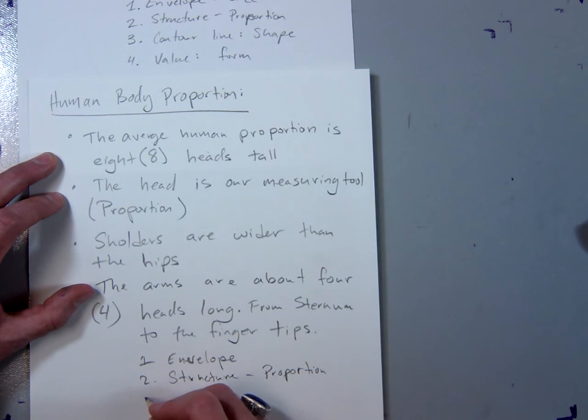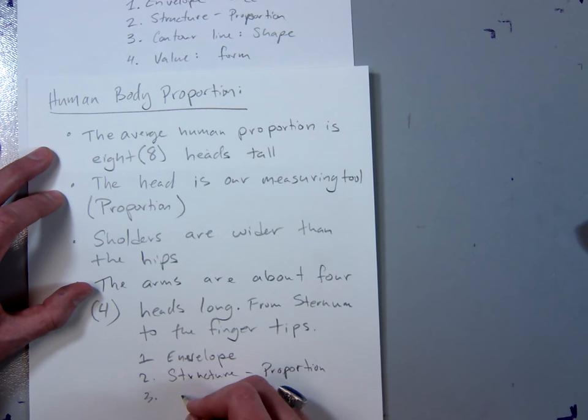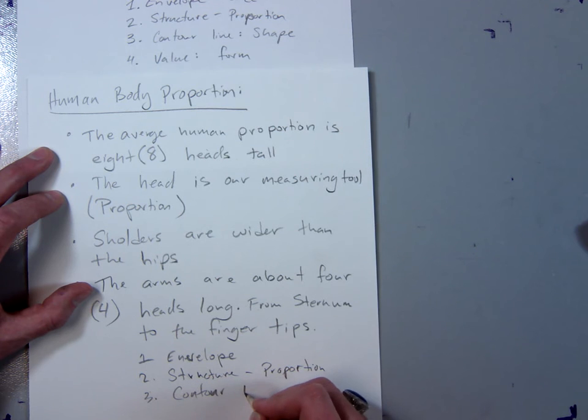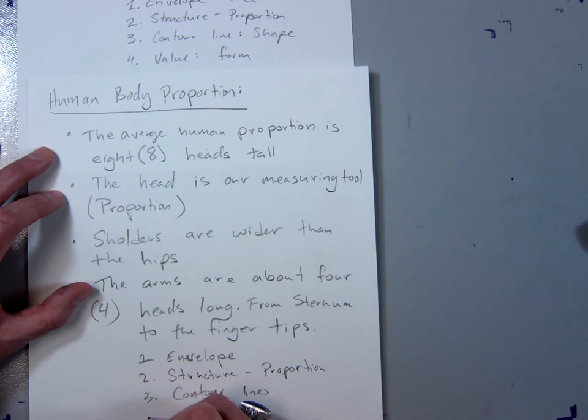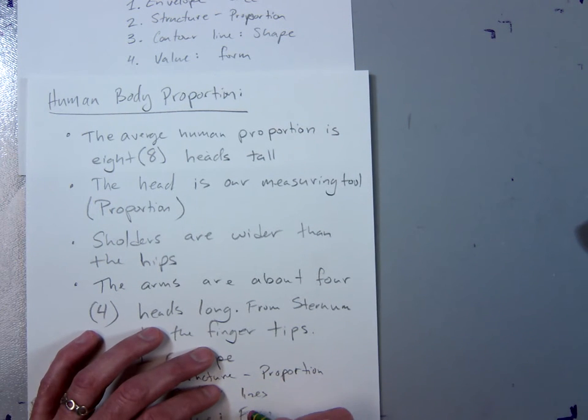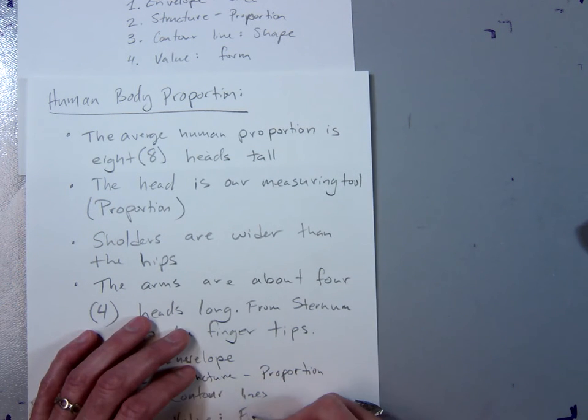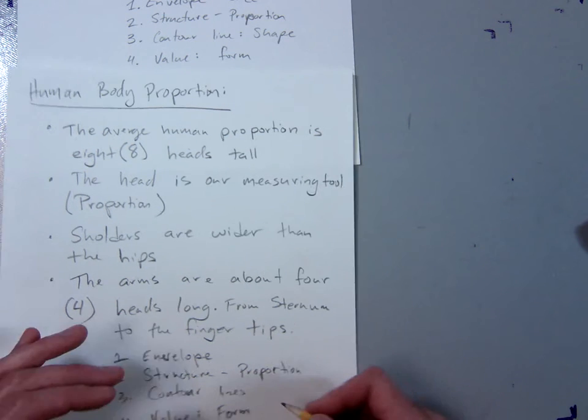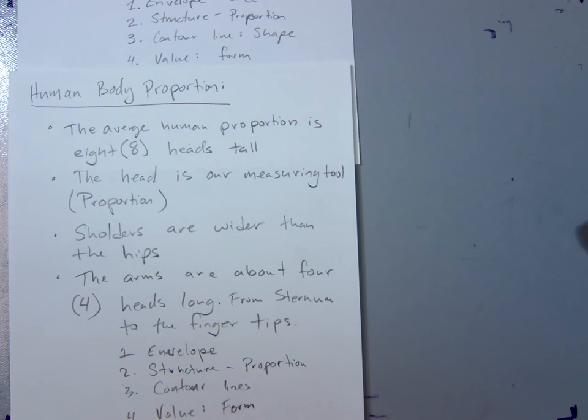Okay, and then 3, we'll go to the contour lines. And then finally, on our final drawing, we'll add in value in order to create the form. Not from, sorry. Form. I can spell sometimes. Okay, the form. Okay, so I'll freeze that up on the screen and give you a minute to copy things down and make sure you've got it all.